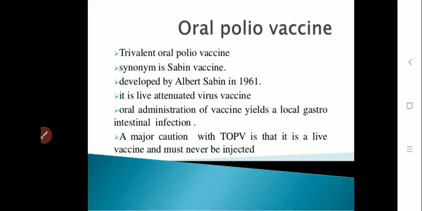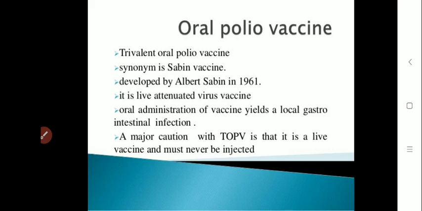But the major precaution that must be taken while taking this trivalent oral polio vaccine is that, as it contains live attenuated virus, it should be taken properly, always by oral route only, and it should never be injected, because there is a chance that the virus may revert back, or it may regain its virulence factor, and it may cause poliomyelitis.